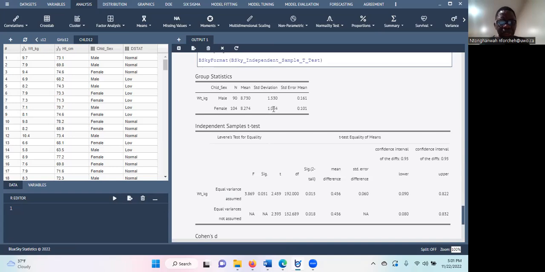is 1 point this. Let's see if something has happened that I was not expecting. This is 1 point this and this. The standard deviations. Let's check. These are the standard deviations I think we had before.